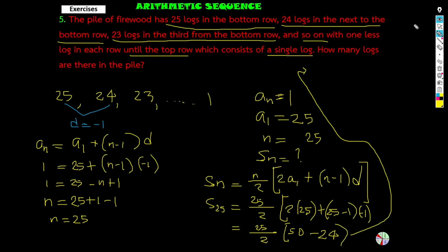Now S sub n is equal to 25 over 2 times 50 minus 24, which is just 26. So 25 times 26 divided by 2 is just equal to 325 logs. There are 325 logs.